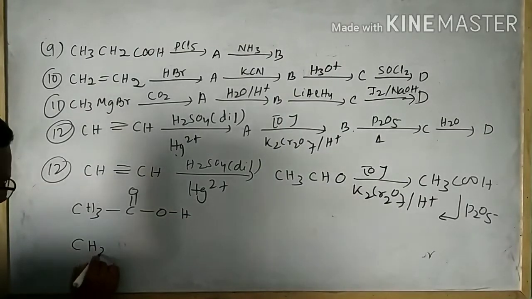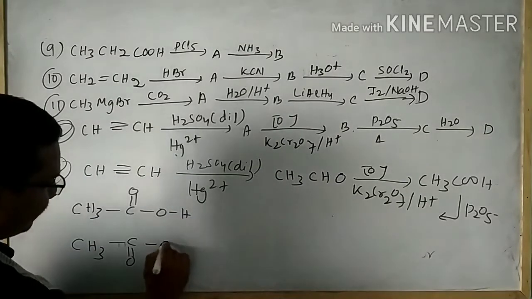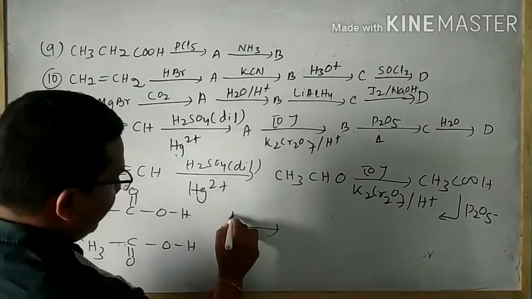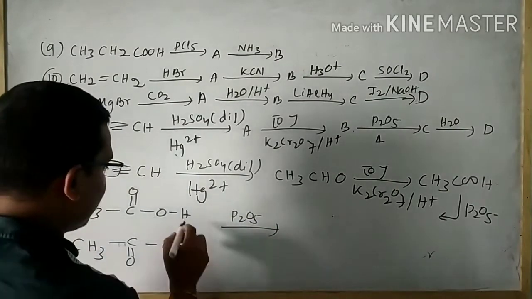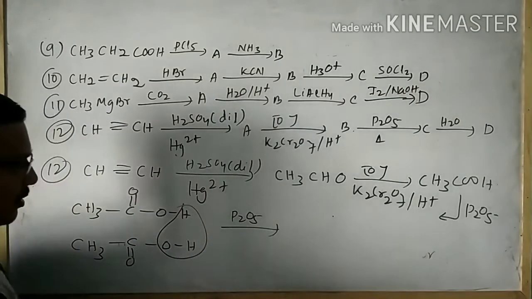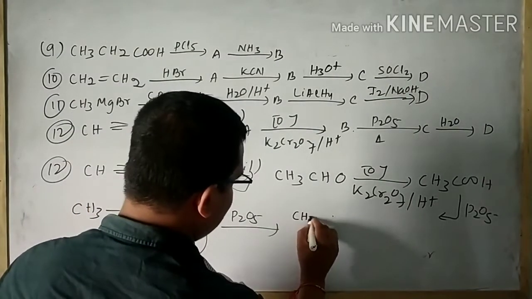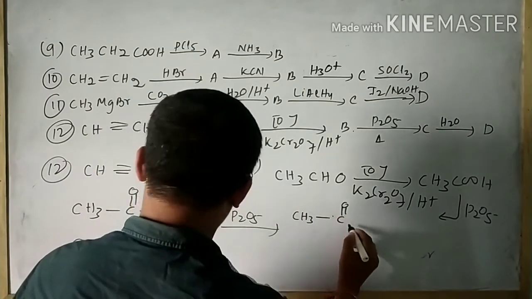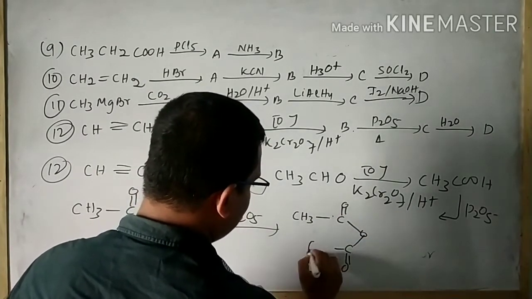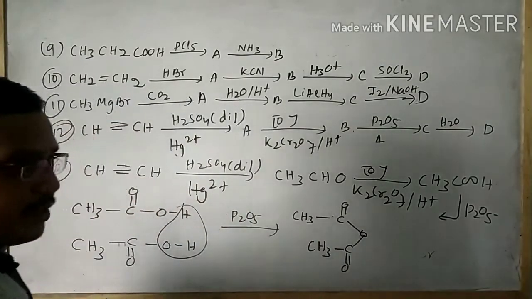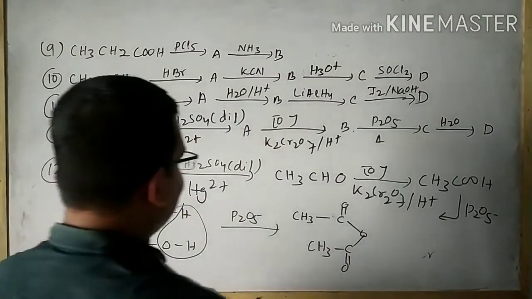Take 2 molecules of acetic acid, give P2O5. P2O5 is a dehydrating reagent. It removes the water molecule like this. And the remaining is what? CH3-C(=O)-O-C(=O)-CH3. This is said to be acetic anhydride.